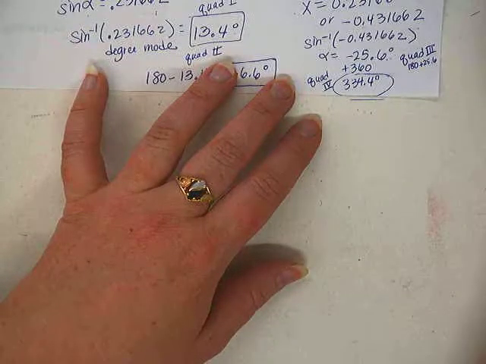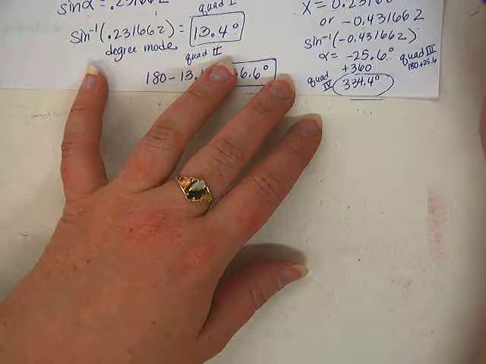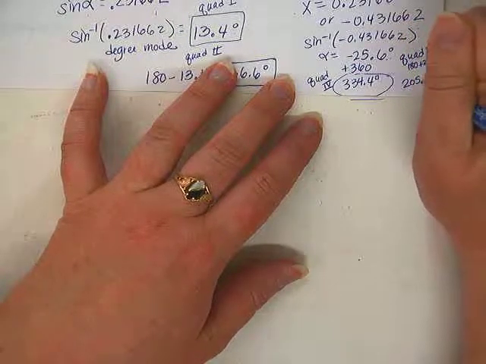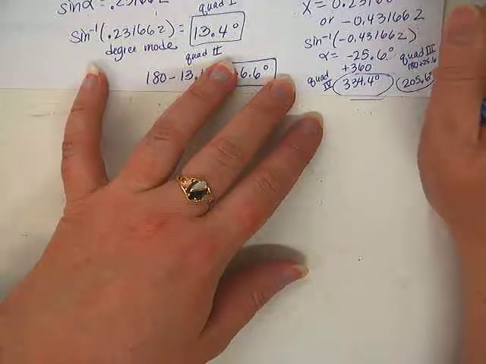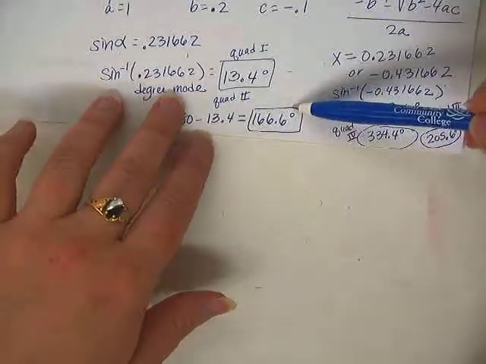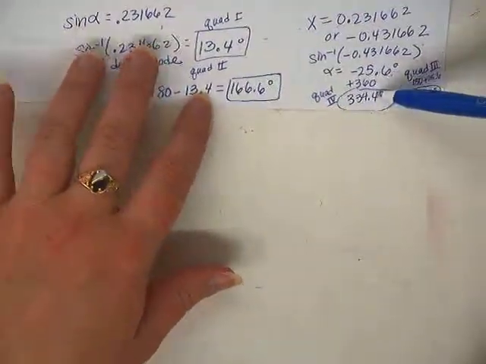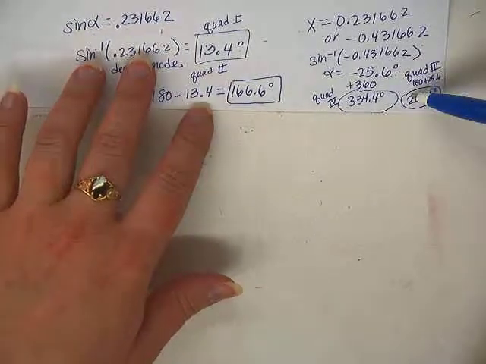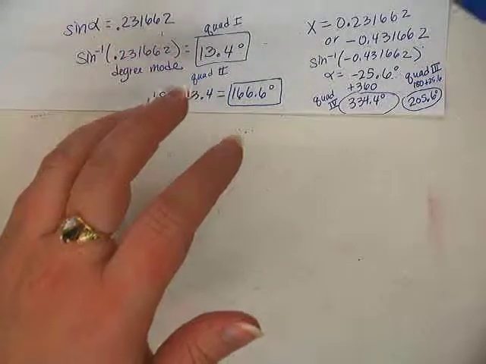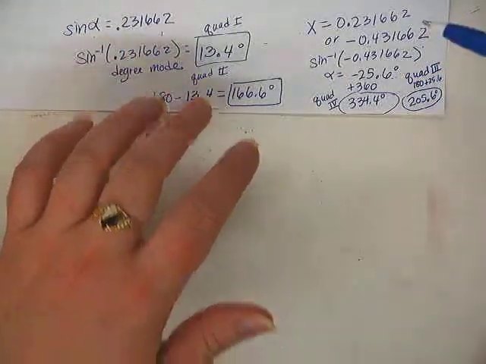Good. So we take 180 plus that reference angle, 25.6, so that it will be between 180 and 270. And we add that in, and what do we get? 205.6 degrees.